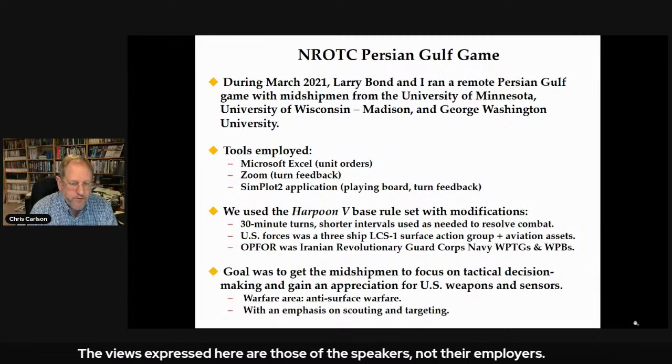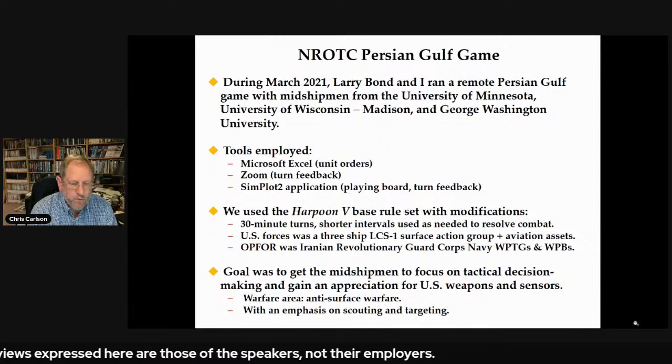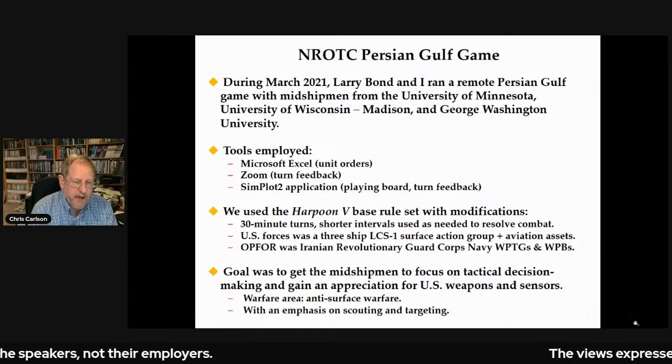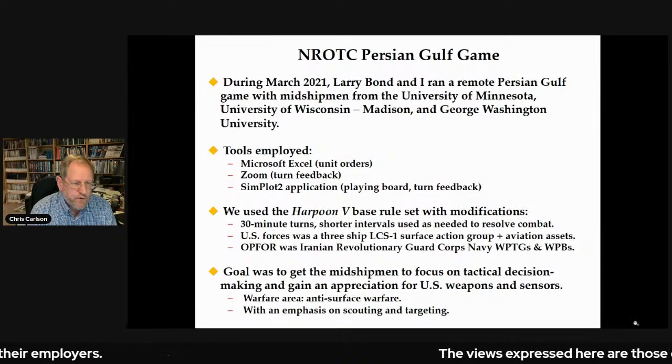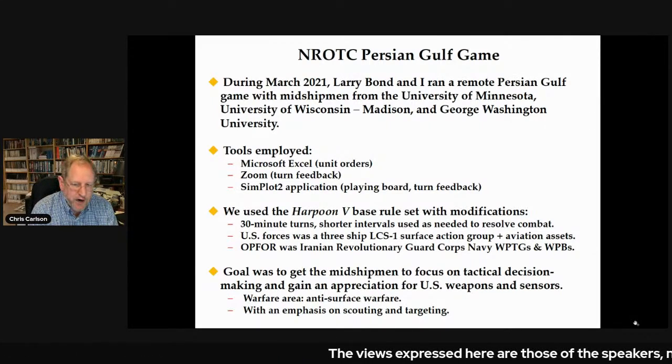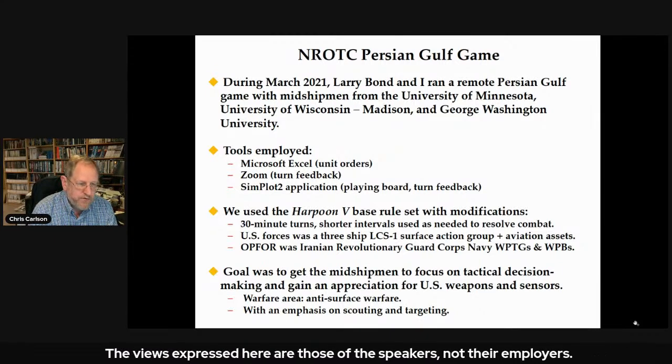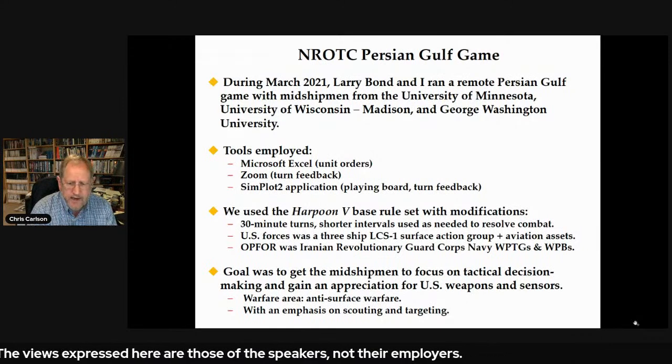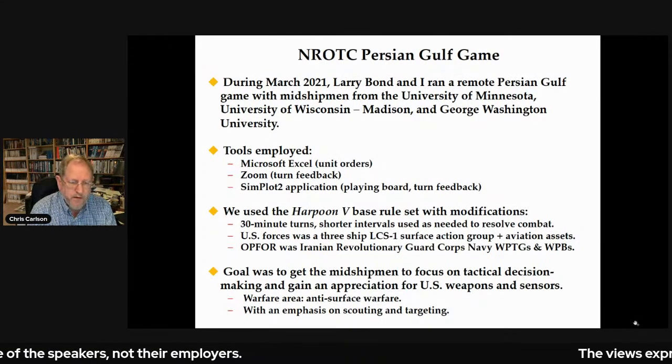The U.S. forces were a 3-ship LCS-1 type surface action group with aviation assets. And the opposing forces were Iranian Revolutionary Guard Corps Navy WPTGs, which are patrol boats with missiles, and WPBs. Those are just those little fast boats.